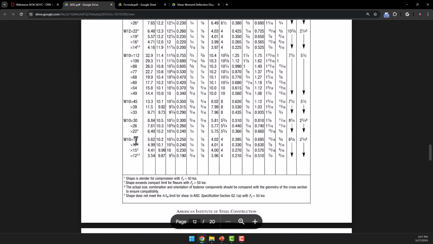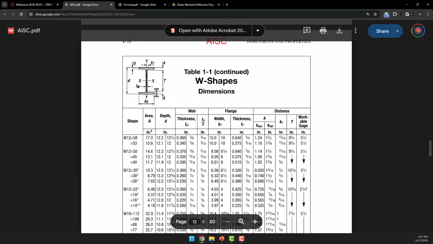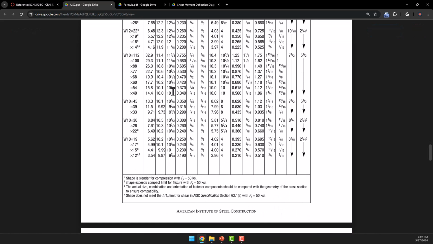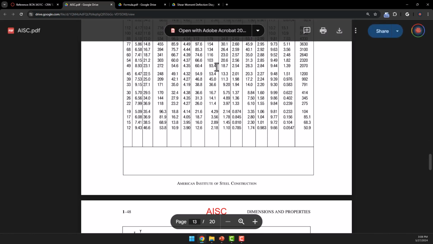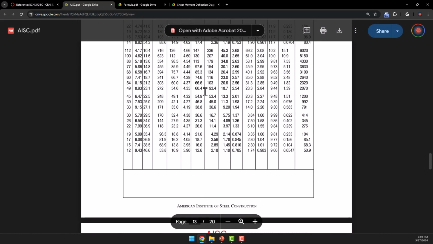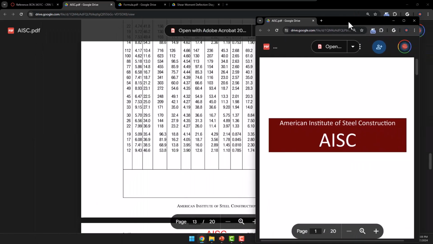The AISC table is very big, so they divide it into 2 pages. This one actually continues to this page. So let me open that in 2 pages for you to get a better idea.